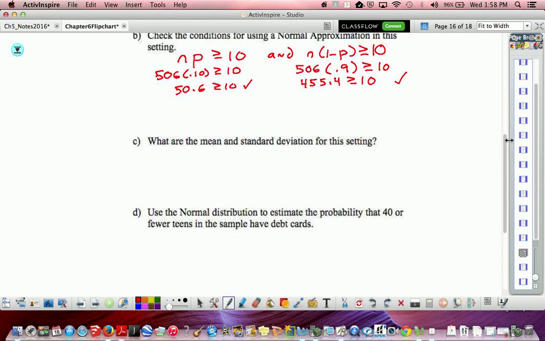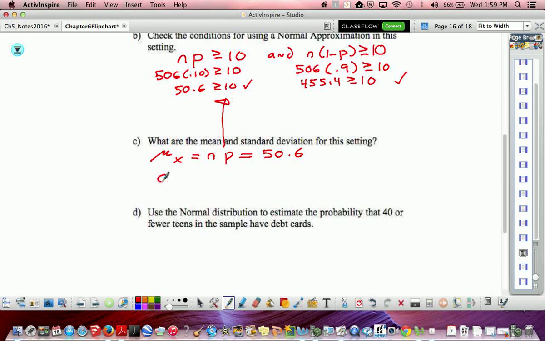Alright, C. What are the mean and standard deviation for this setting? So that's where the formulas come into play. The mean of X is N times P. We actually did that already. That's what I like about these formulas, the mean and the number of successes are the same thing.